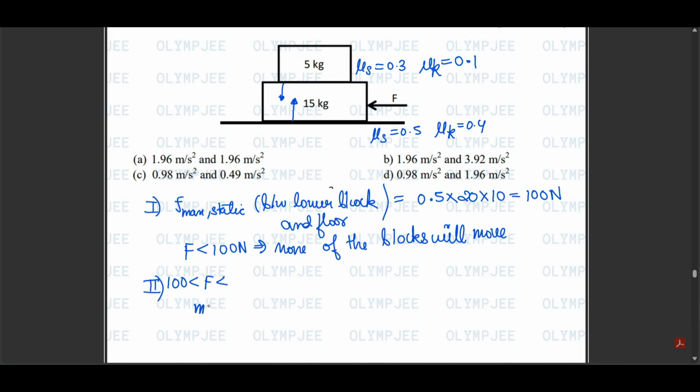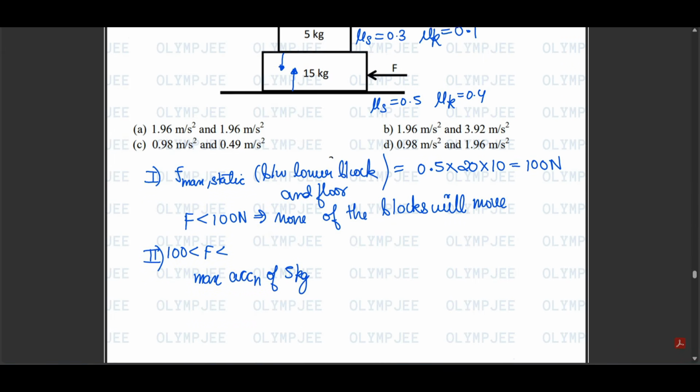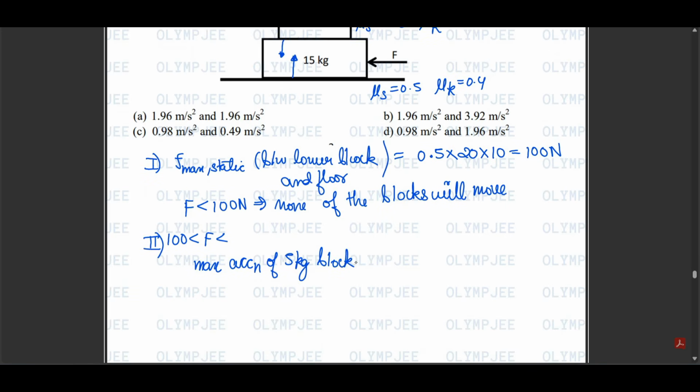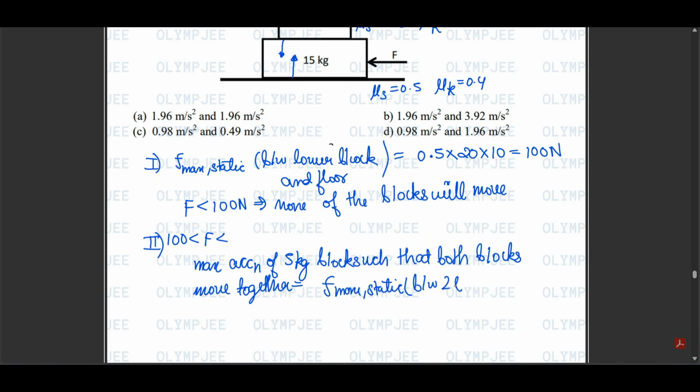So the maximum acceleration of 5 kg block such that both blocks move together would be given by the maximum static friction between two blocks divided by the mass of the upper block, which is 5 kg.